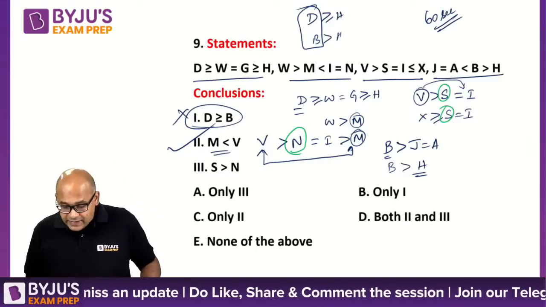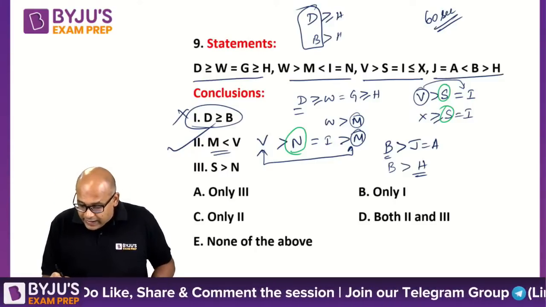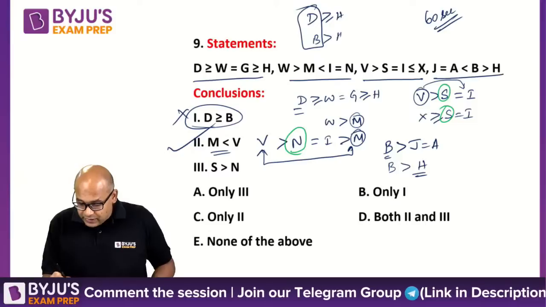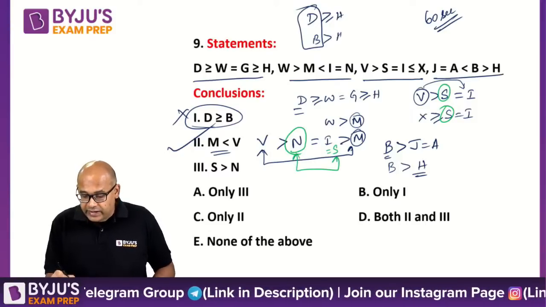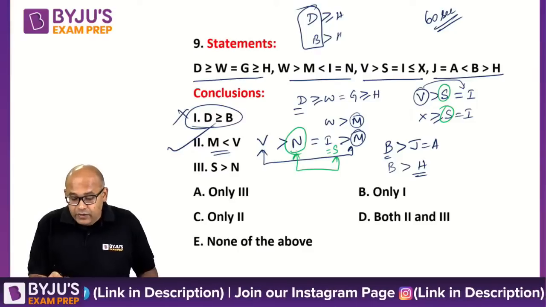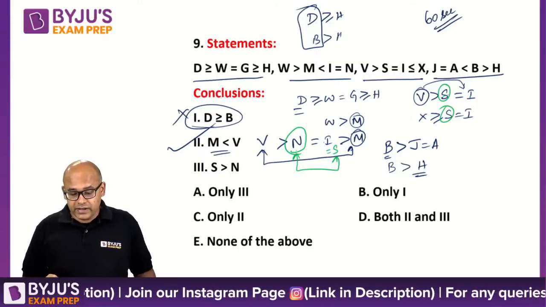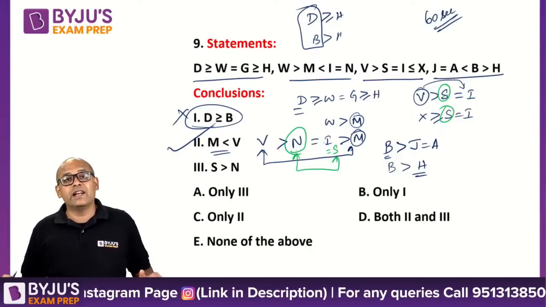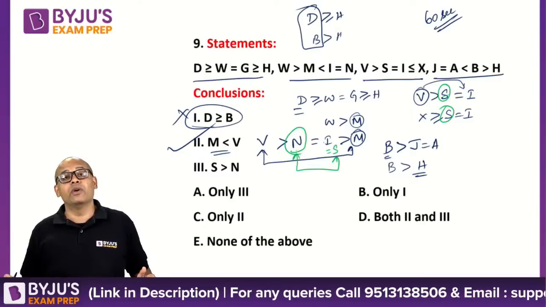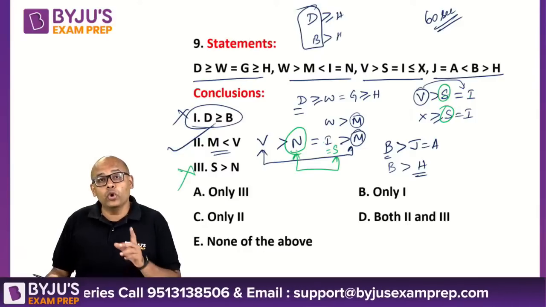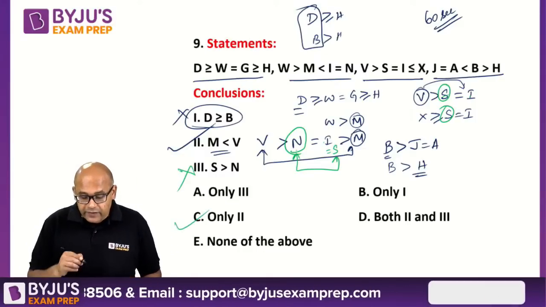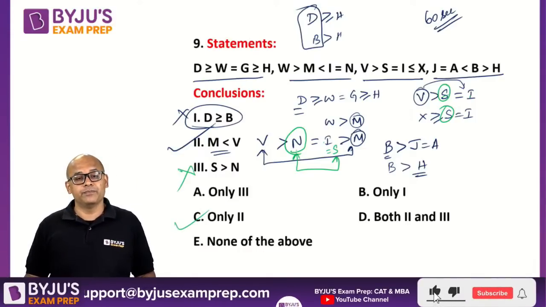We have S is equal to I, so I is equal to S. So S and N are actually straight away connected. They are both equal because N is equal to I and I is equal to S. So what is the relationship between S and N? They are both therefore equal. So if it is equal, then it cannot be statement number 3. So only the second statement is correct. Therefore the answer option is C.